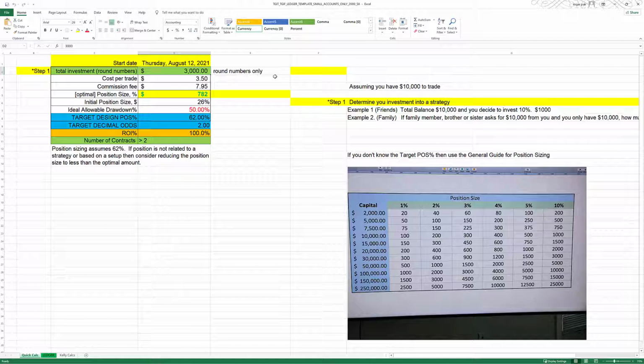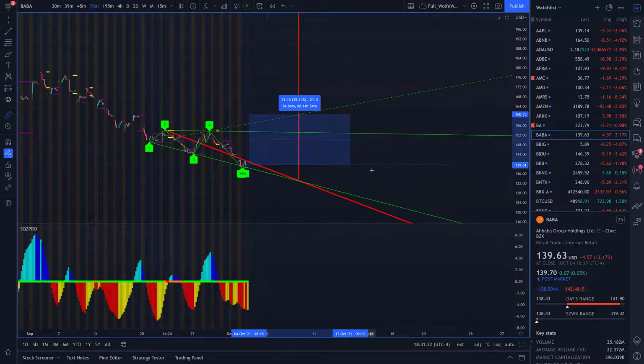If you type in $2,000 with a setup or strategy that's giving you 62%, you need to know what a 62% probability setup looks like. Then you're putting in $567 for a $2,000 account.